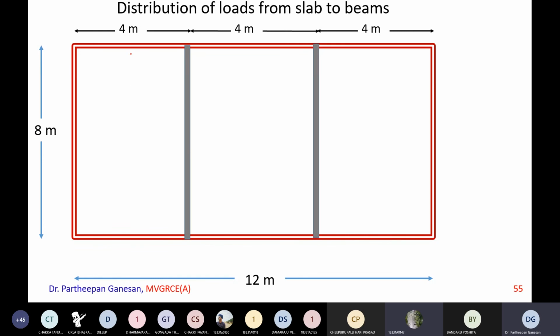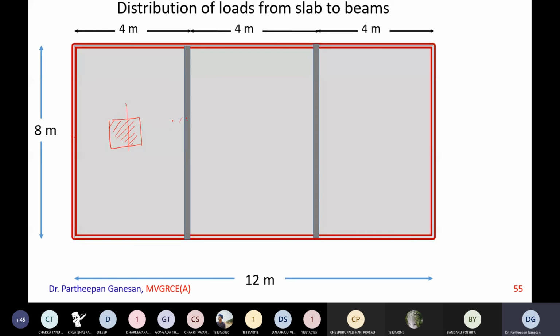No. So, for example, your slab will be like this, like entirely slab. This is without slab. This is with slab, right? Now, whenever you place a load, let us say you place a very heavy concentrated load here, depending upon the position, either this beam may get more load or that beam may get more load.